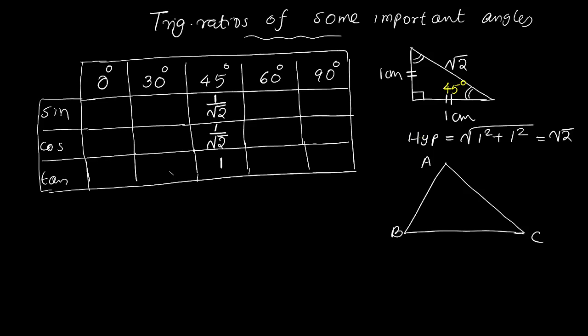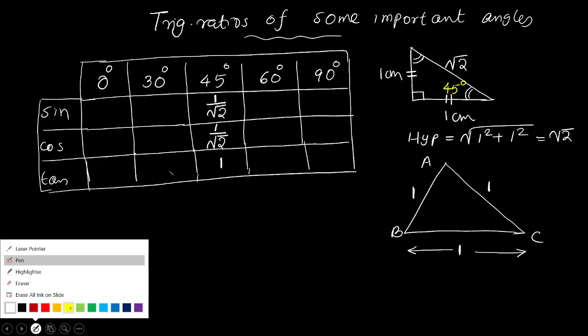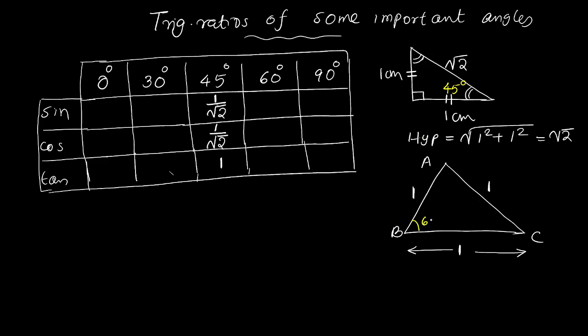First, let me draw an equilateral triangle with sides 1, 1, 1. Each side is equal to 1. In that case, you know that each angle is 60 degree. In an equilateral triangle, each angle is 60 degree. You have studied that.